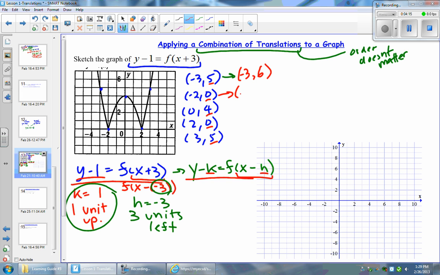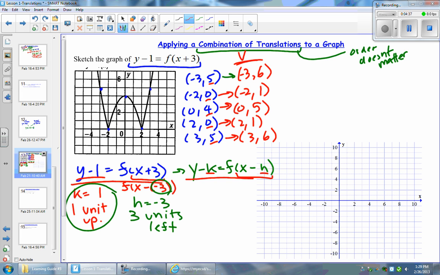Second point becomes negative 2, 0 plus 1, which is 1. And third point is 0 comma 4 plus 1, which is 5. Then 2 comma 0 plus 1, which is 1. Next is 3 comma 5 plus 1, which gives me 6. So I performed the vertical translation first.